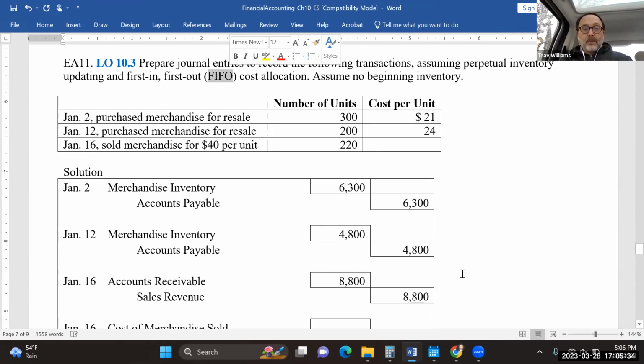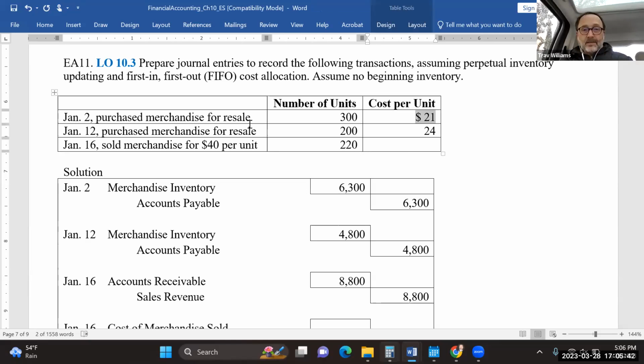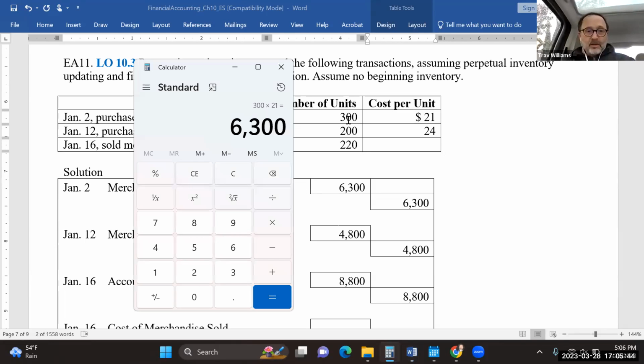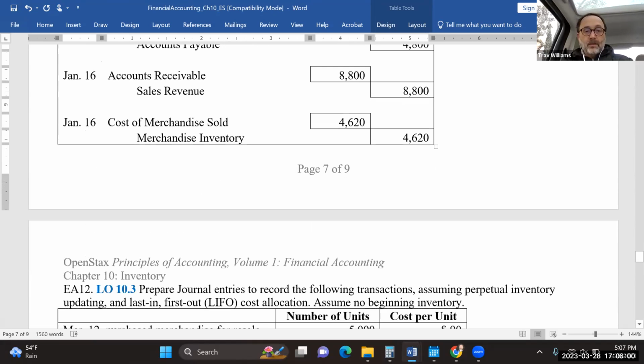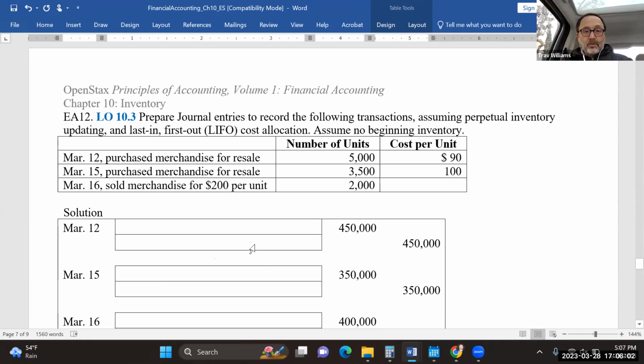Going on to number 12. Okay, these are journal entries. In this case, it's LIFO and it is perpetual inventory. So if we make a purchase, again, it's going to be a debit to merchandise inventory, and it's going to be a credit to accounts payable. And we have another purchase on March 15th. So let me see if I can just copy and paste. There we go. And then we have a sale. So that's going to be just like what we saw up above.